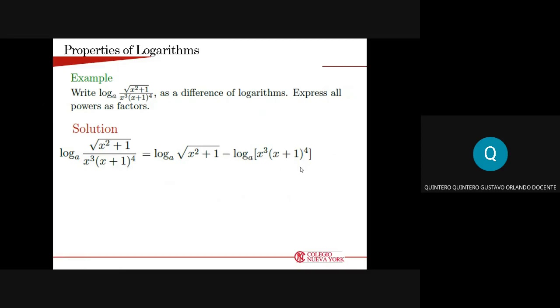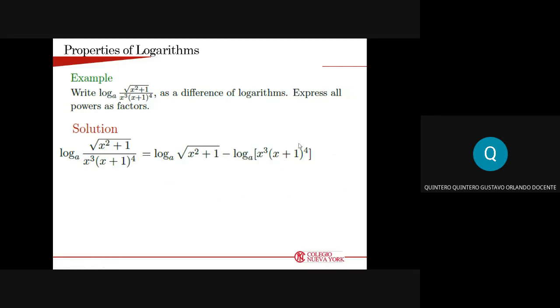But wait a minute. Look at what we have here. We have a multiplication. This is x cubed times x plus 1 to the fourth power. This is a multiplication, so we can expand this even further. Yes, we can.